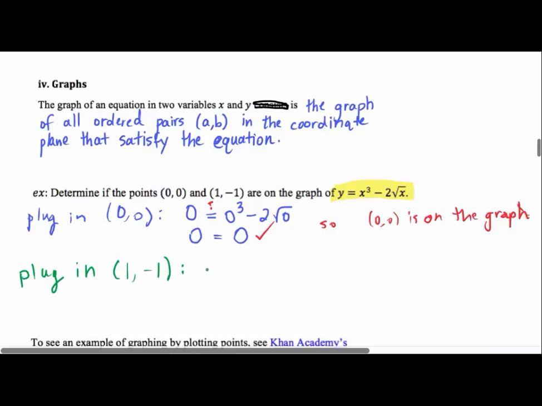So if I replace this y by negative 1 and the x by 1, do we get a true equation? Yes. 1 cubed is 1. Square root of 1 is 1, so 1 minus 2 is negative 1, so yes. So that one also works. If you got like 1 equals 0 or some false equation, then it would not be on the graph.